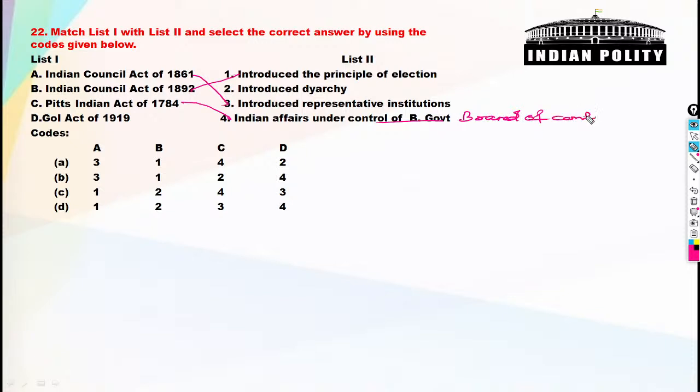The Board of Control was taking care of the political affairs or Indian affairs. So the answer is 3124, B.